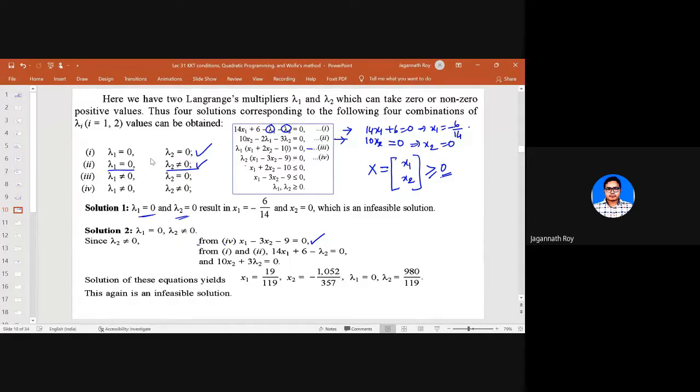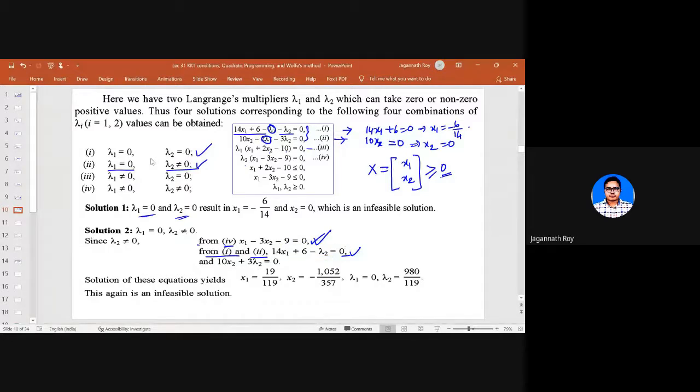So from equation 4, we have this relation, and then from 1 and 2. So these two equations, we have 14x1 plus 6 minus lambda 2 equals to 0. Why? Because we have assumed that lambda 1 is 0. So this equation reduces to this form.